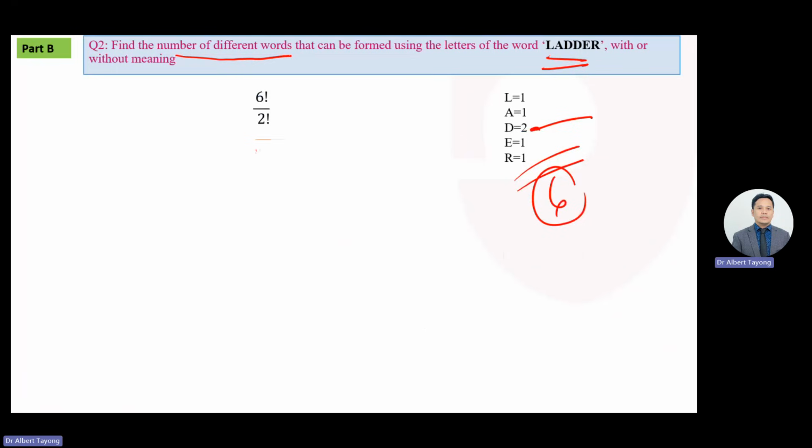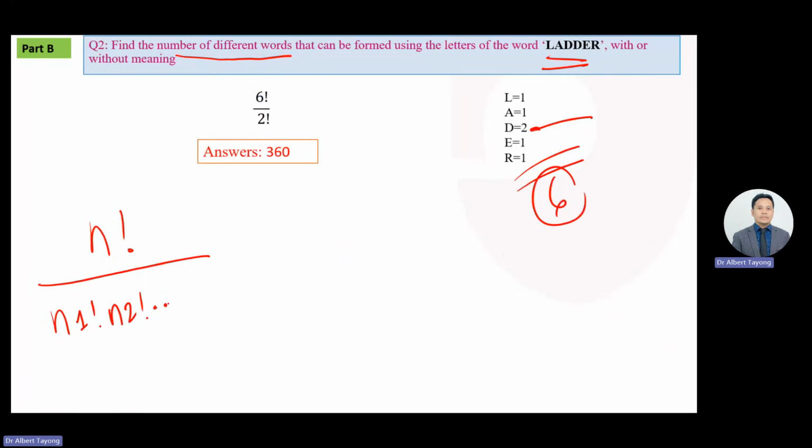So our n is equal to 6 factorial. So the formula is n factorial over n1 factorial times n2 factorial until nk factorial. So it depends on how many are repeated. In this case, only one element is repeated, that means it has a frequency more than one.